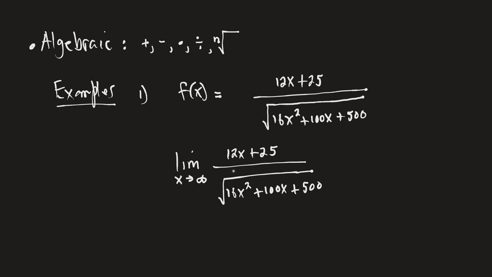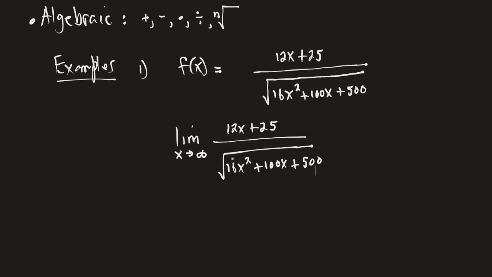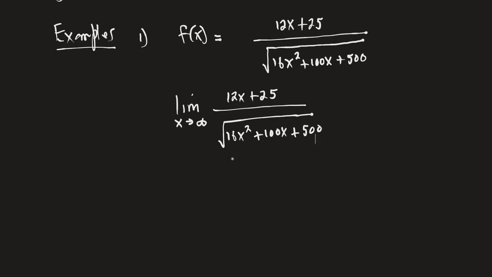But I want you to see at least a couple ways that you can evaluate this. Here is the formal way. Similar to what you will do with the rational functions and the polynomials, you can divide this expression by a certain power of x.